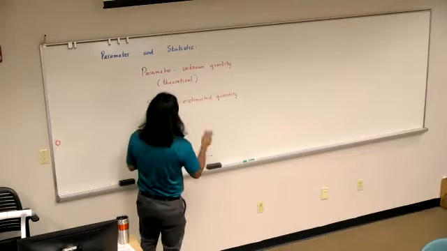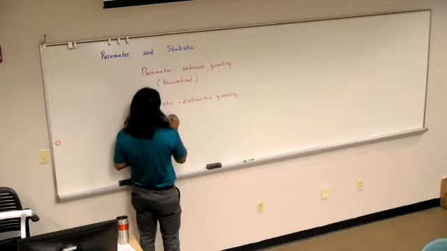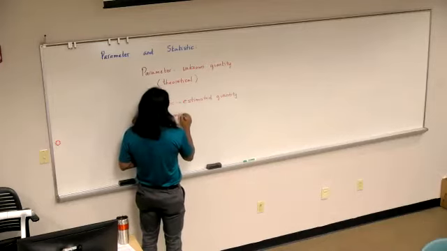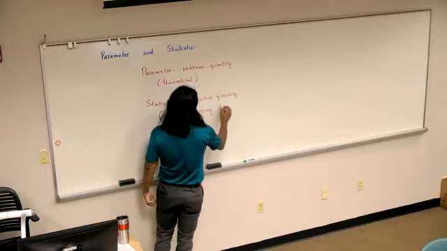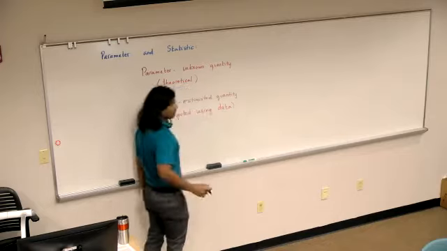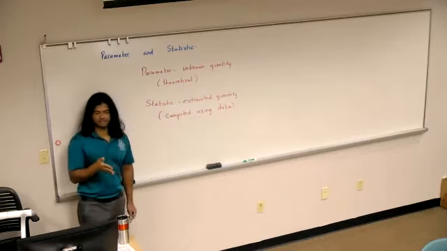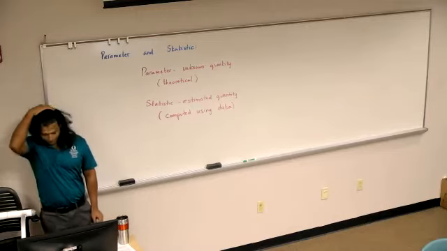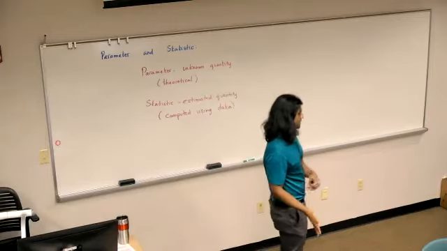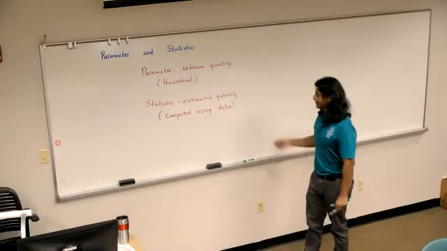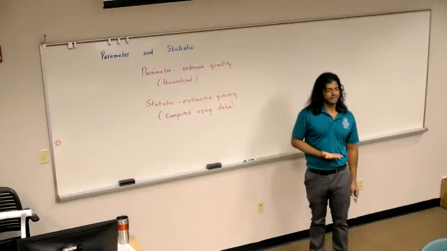So we use data to estimate the statistic. So a statistic is computed using data. So we do all the derivations using the parameter, and we would end up getting formulas and things like that, and we translate it to a statistic which we can apply in life.